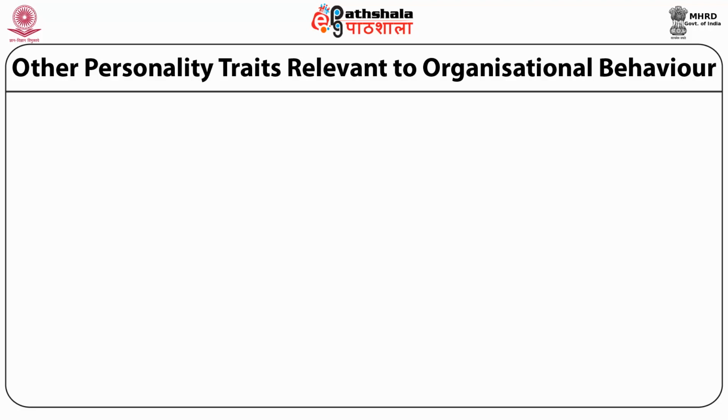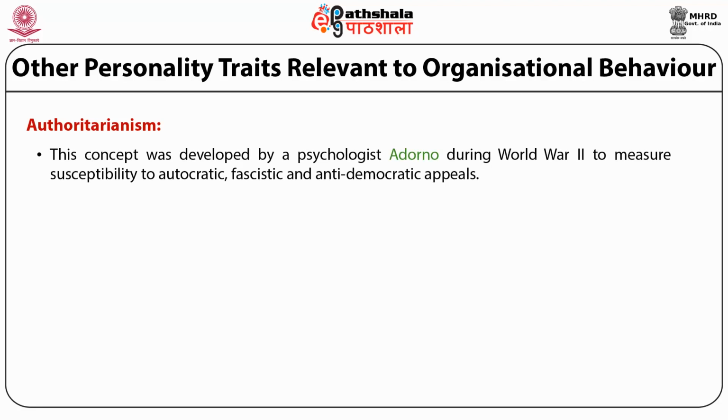First trait is authoritarianism. This concept was developed by a very renowned psychologist, Adorno, during World War II. This concept was developed to measure susceptibility to autocratic and anti-democratic appeals.